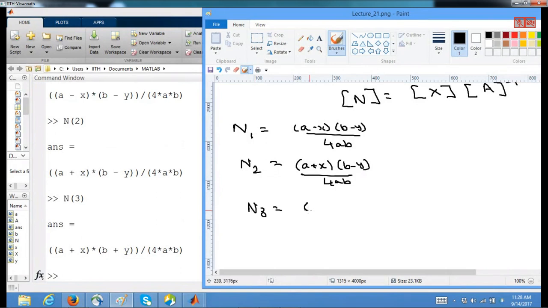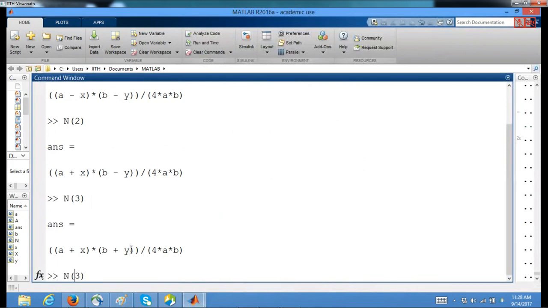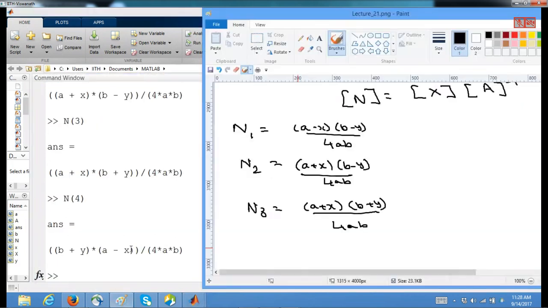N3 is A plus X B plus Y by 4AB, and these are our shape functions.